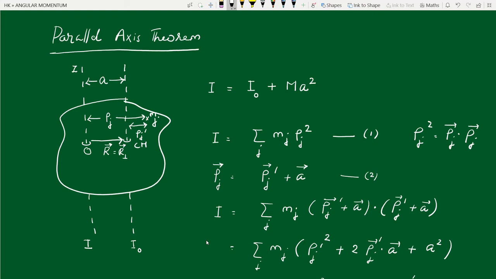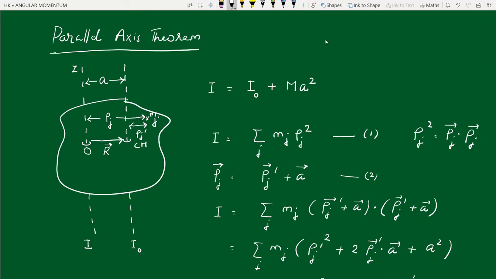So this is the position vector of the center of mass, if this is our origin.